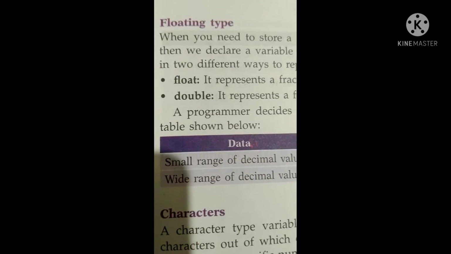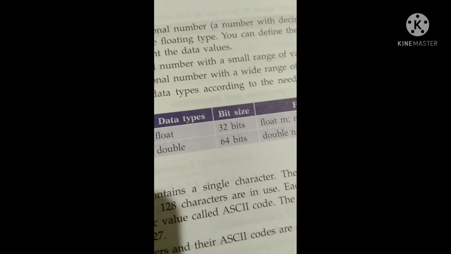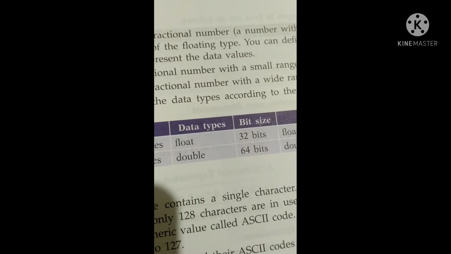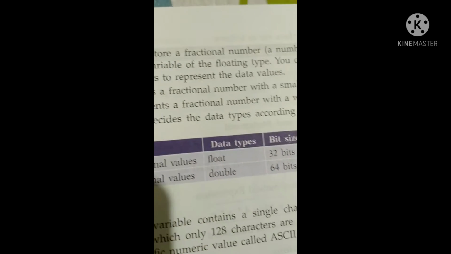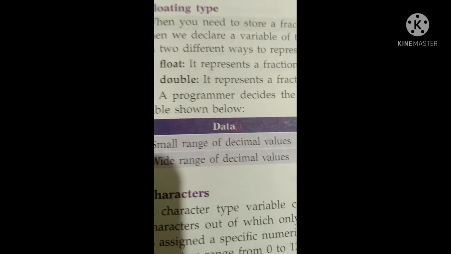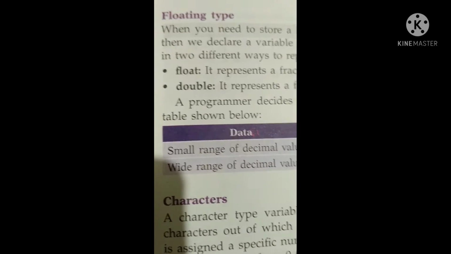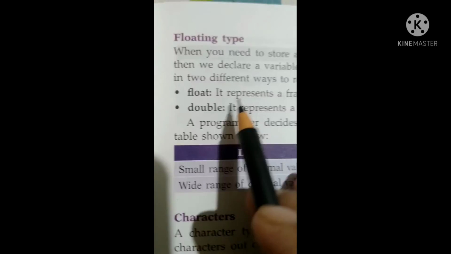Floating type data types will allow you to calculate numbers, maybe money, maybe any mathematical calculation. In math also we can use this. So if you are writing a program with fractional numbers, then you take the float data type.